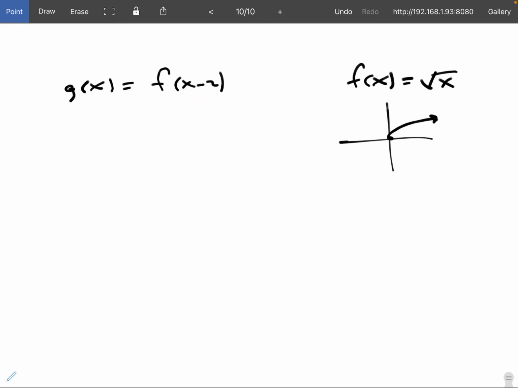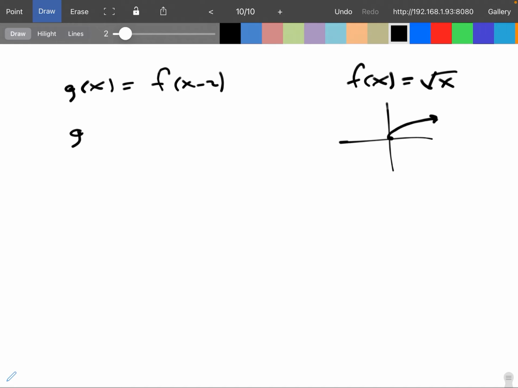Well then, what they would do is define a new function, g of x, and it would be f of x minus 2. Do you see how that x minus 2 is in parentheses? That's kind of like your input into your function.